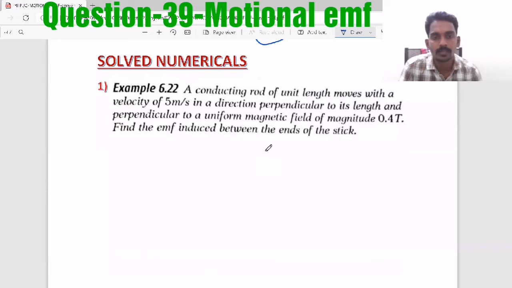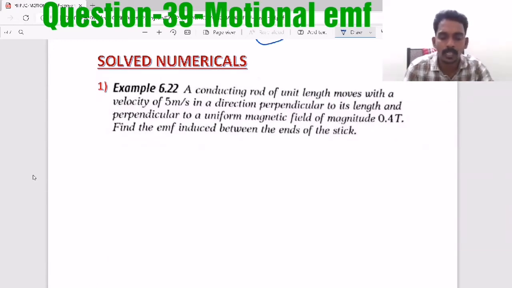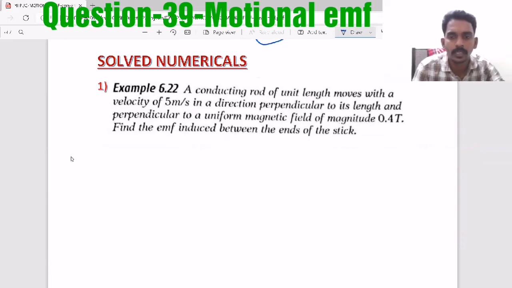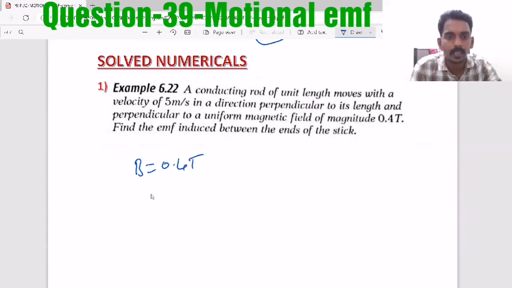Now let's see the examples. A conducting rod of unit length moves with a velocity of 5 meters per second in a direction perpendicular to its length and perpendicular to a uniform magnetic field of magnitude 0.4 Tesla. Velocity is 5 meters per second, perpendicular to its length and to the magnetic field.